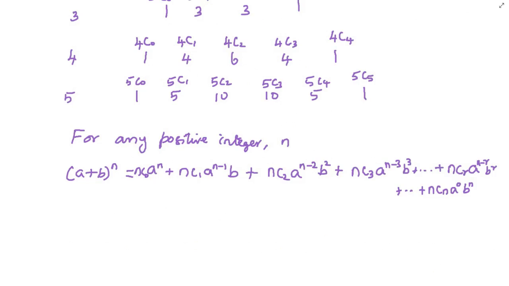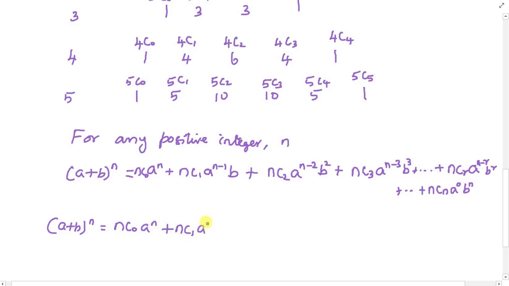So I can write (a + b) whole power n as nC0 a power n, plus nC1 a power n minus 1 b, plus nC2 a power n minus 2 b square, plus nC3 a power n minus 3 b cube, plus etc.